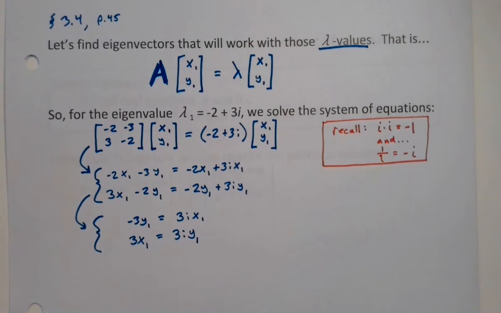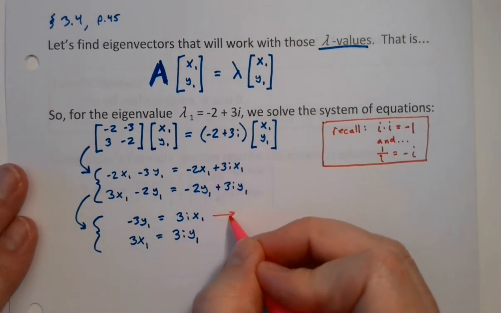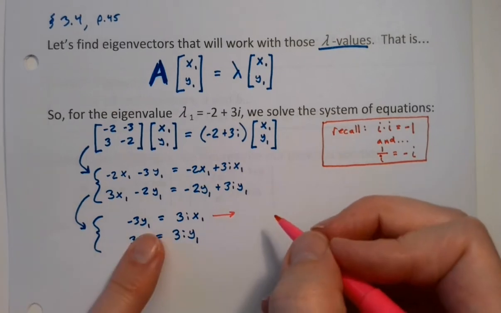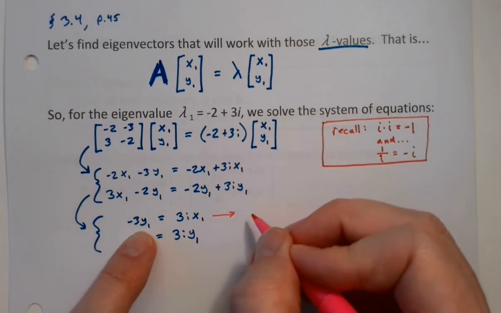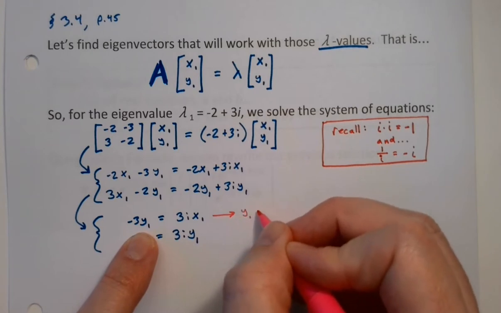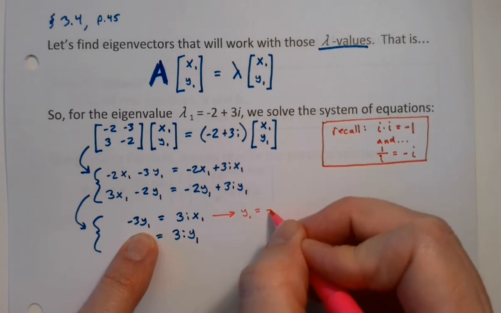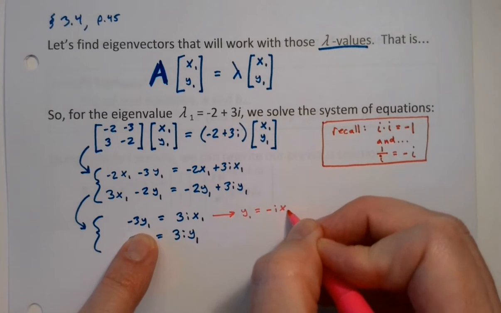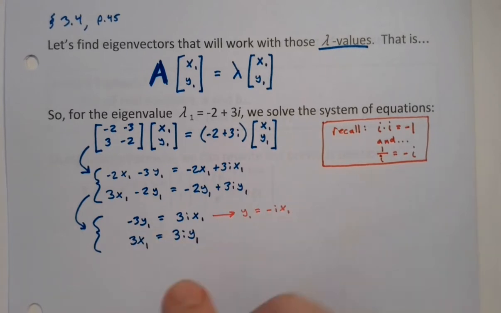So we're going to take this top equation, I'm going to take them kind of one at a time. If I simplify this, divide both sides by -3, we have y1 equals -i x1, right? But what about the bottom equation?